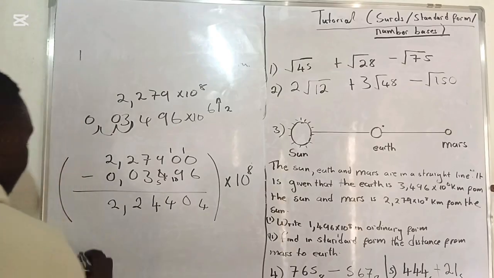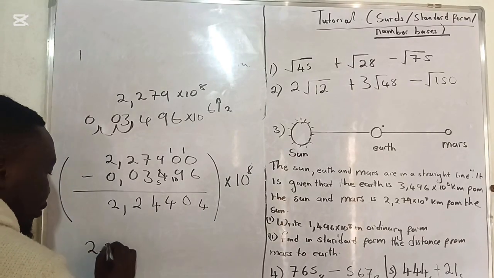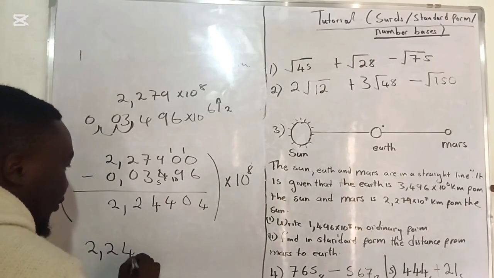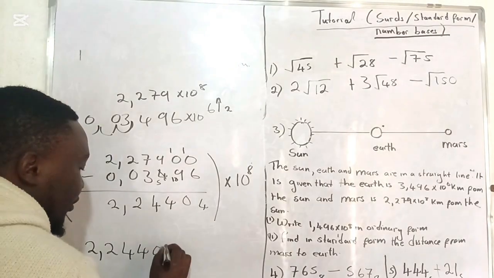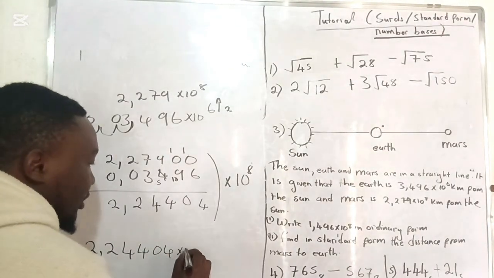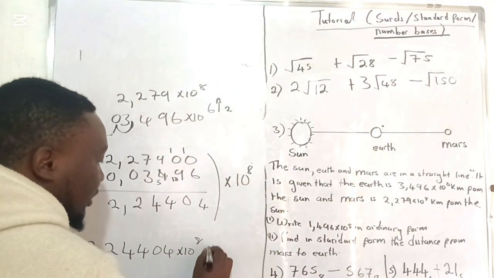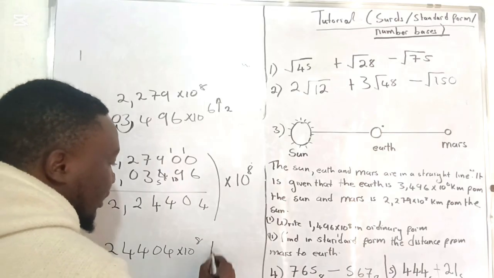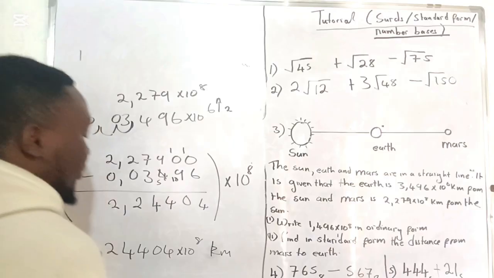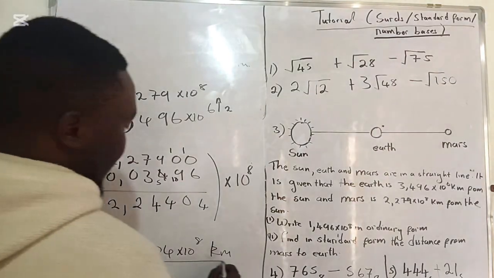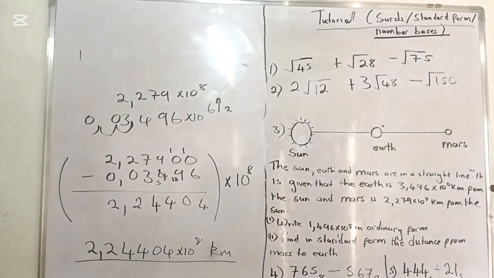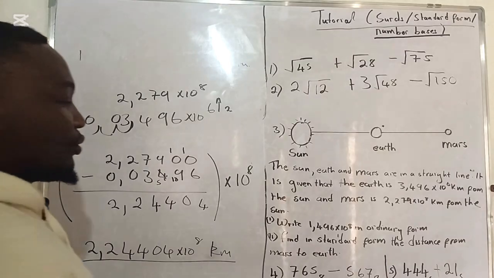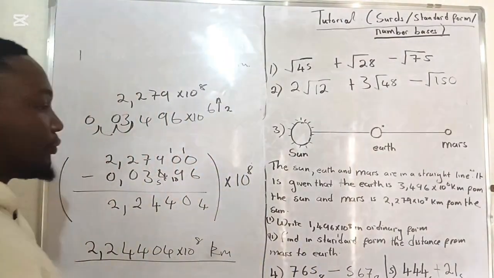So our answer is going to be 2.24404 times 10 to the power 8 kilometers. That's going to be our distance.